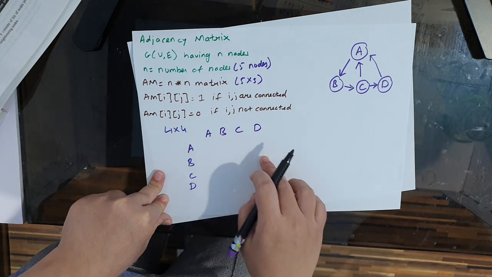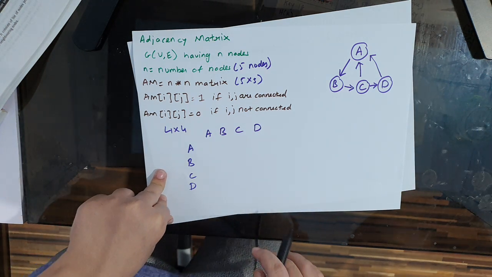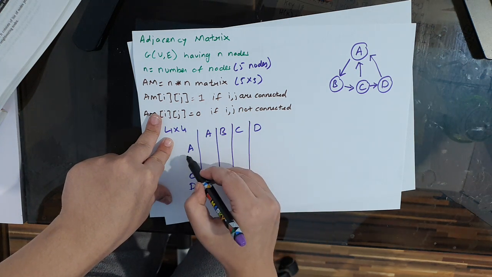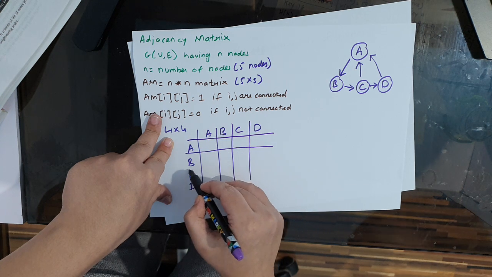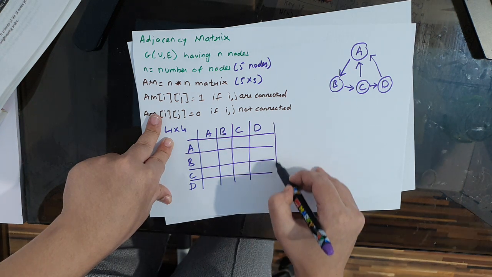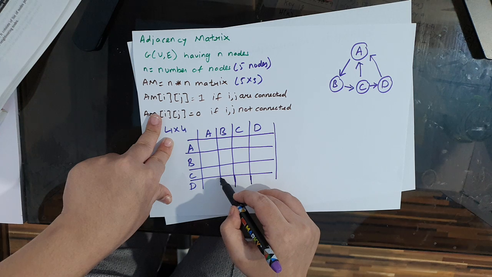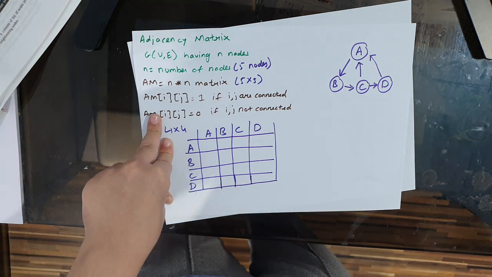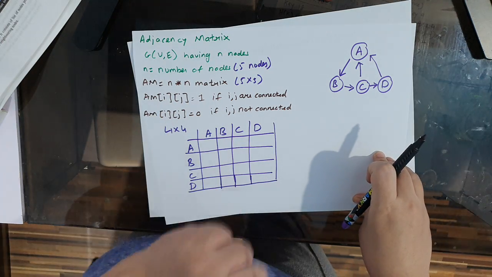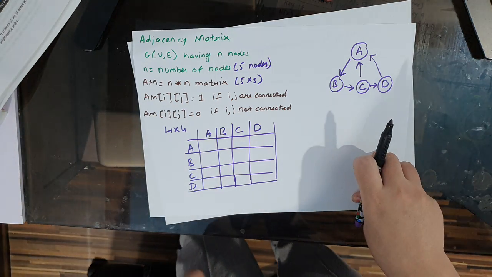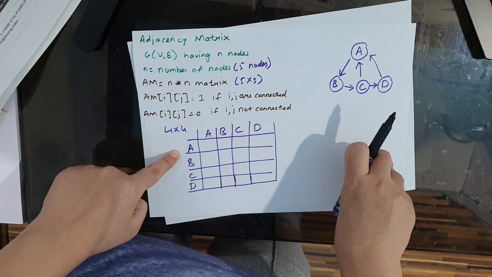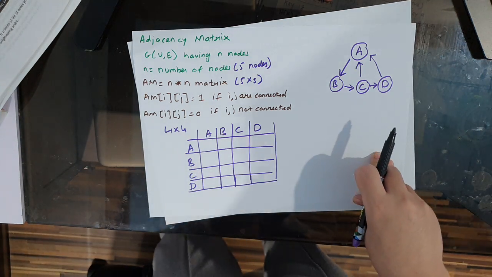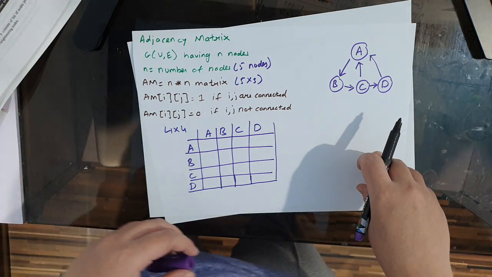Sorry, this is going to be the row representation and this is going to be the column representation. So here we have a 4 by 4 matrix, and we have mentioned our node names A, B, C, D respectively.